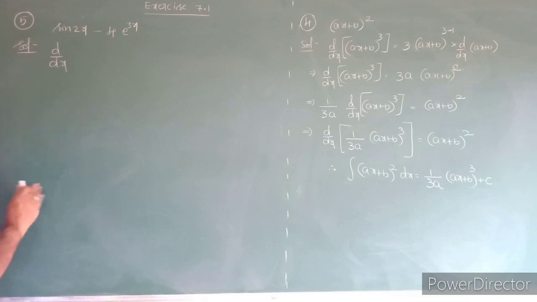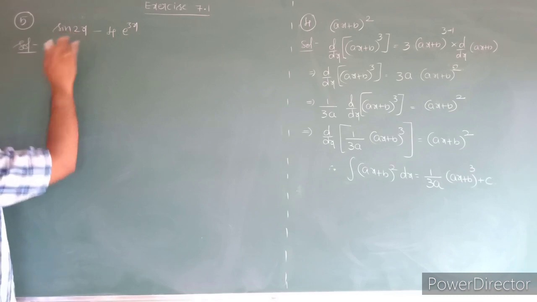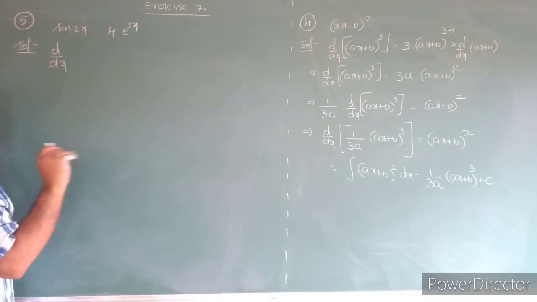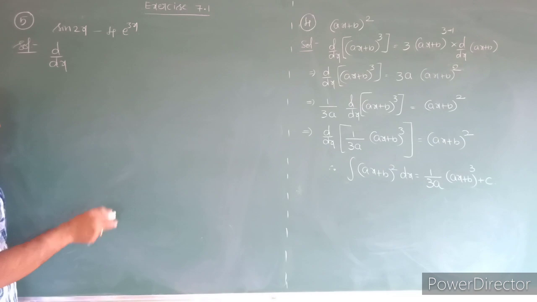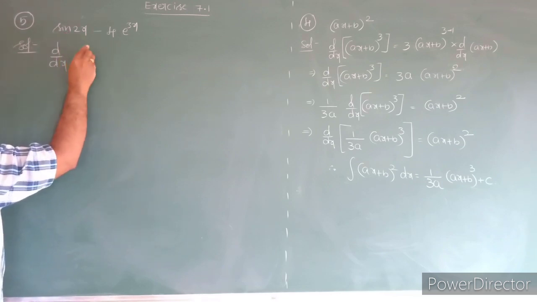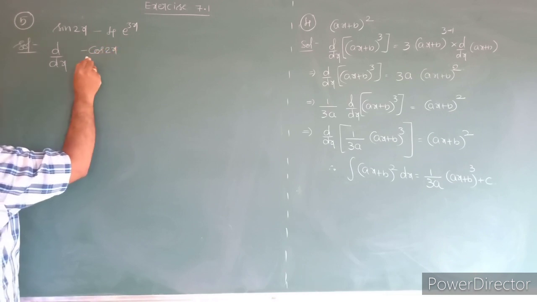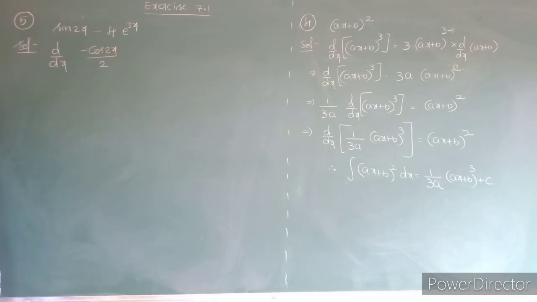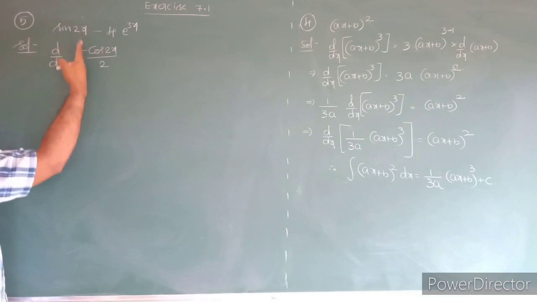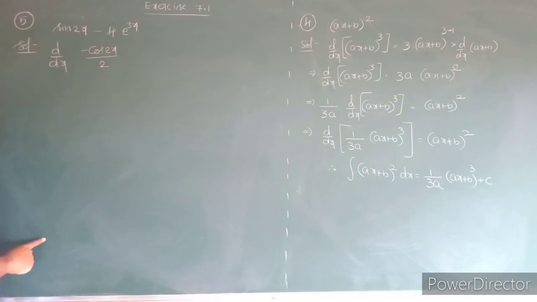So for sin 2x, what is the integration of sin 2x? I have already given the formula. First question: the integral of sin(ax plus b) is minus cos(ax plus b) by a, yes or no? So sin 2x integration is minus cos 2x by 2.